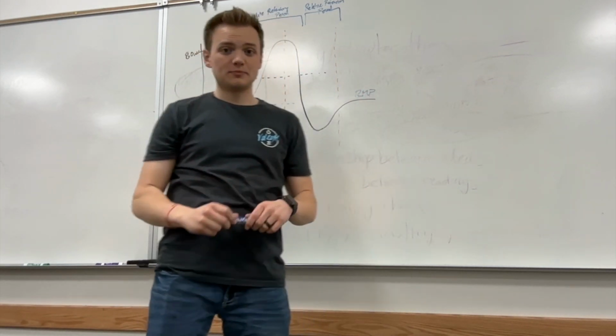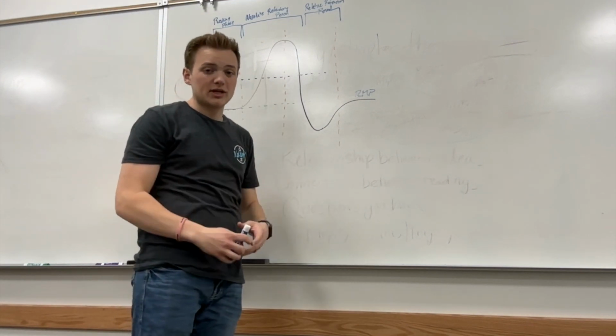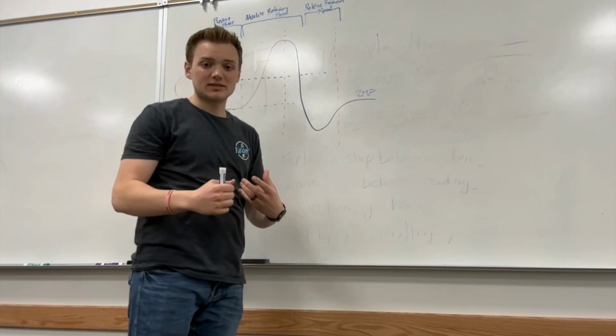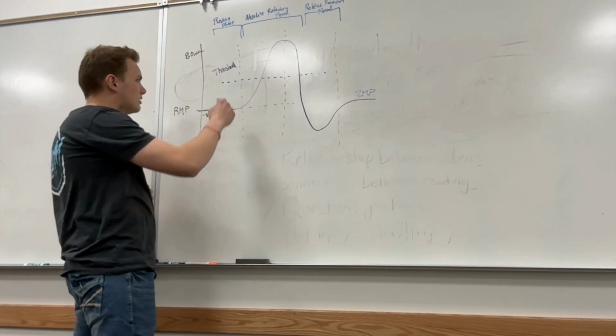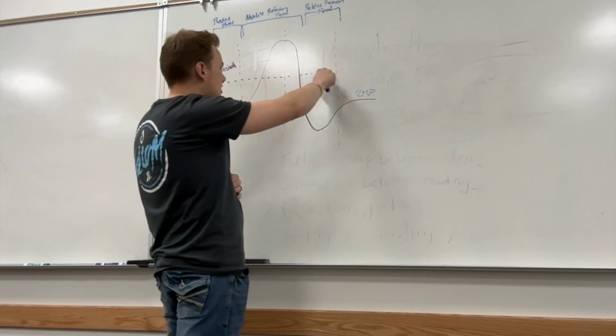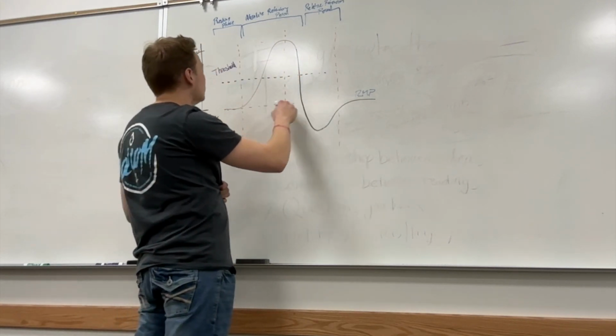I want to talk about ions that are actually moving through each period and what's causing this sense of depolarization to occur. Noting that we have a purple line of threshold right here, and then we have a resting membrane potential in green.